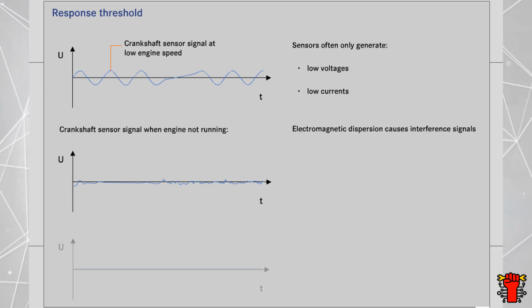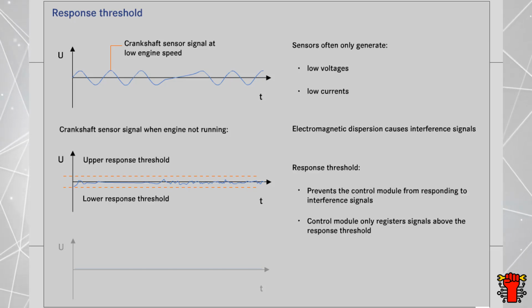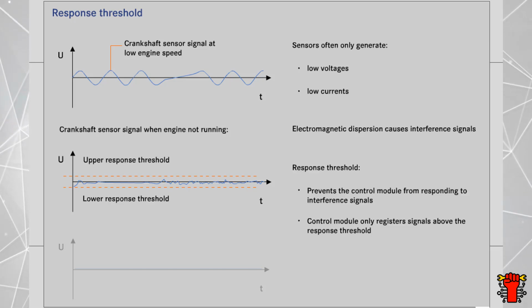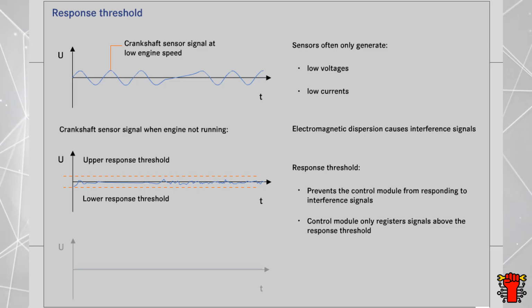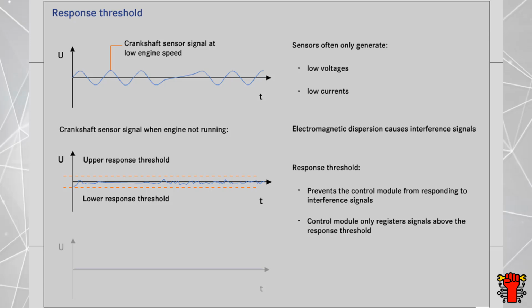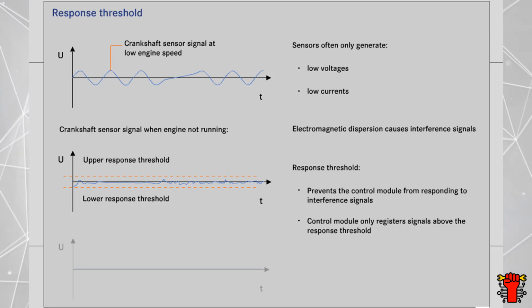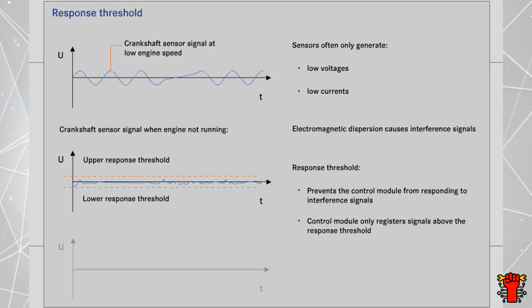These are caused by electromagnetic interference signals. To ensure that the control module does not mistakenly evaluate these signals as sensor signals, control modules have a response threshold. A measurement will only be registered and evaluated in the control module when a signal exceeds this response threshold.